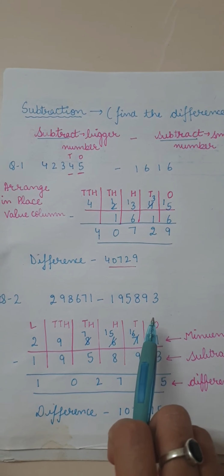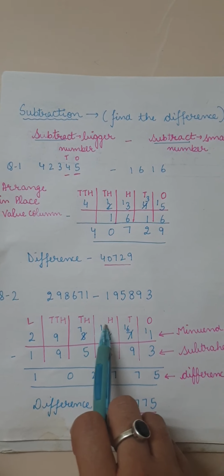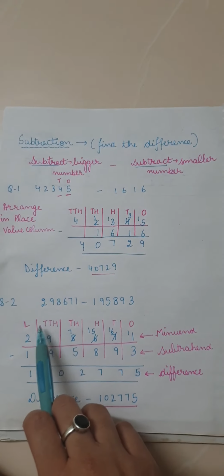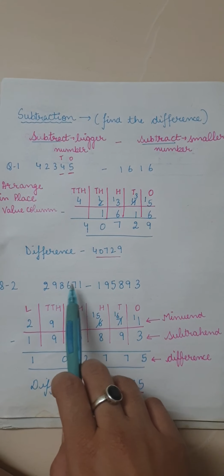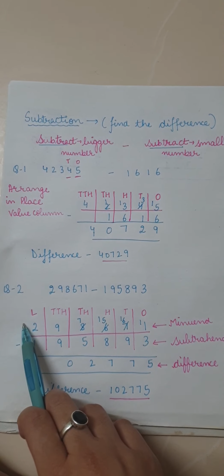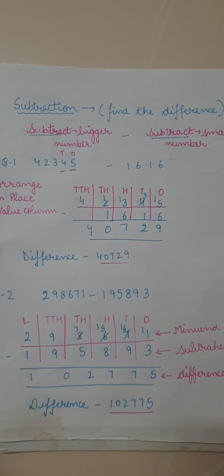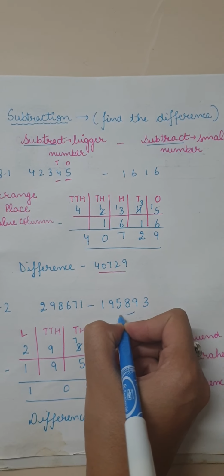For that, first we have presented the place value chart: ones, tens, hundreds, thousands, ten-thousands and lakh. Since in this question the digits are more, the place value chart will also keep on increasing. We all need to remember that the place value chart always increases towards the left side.